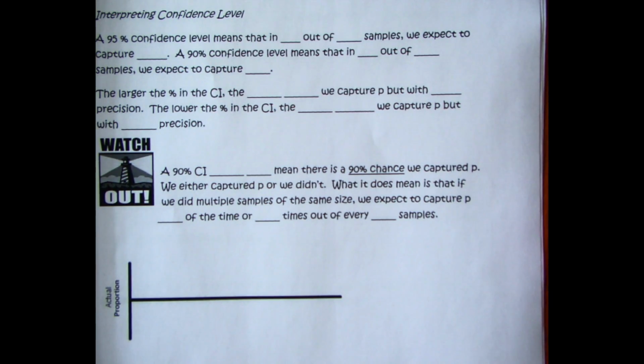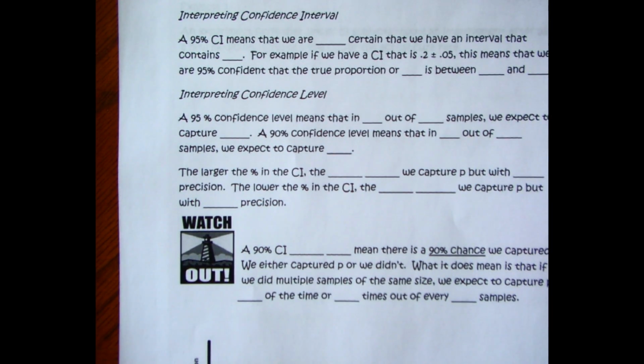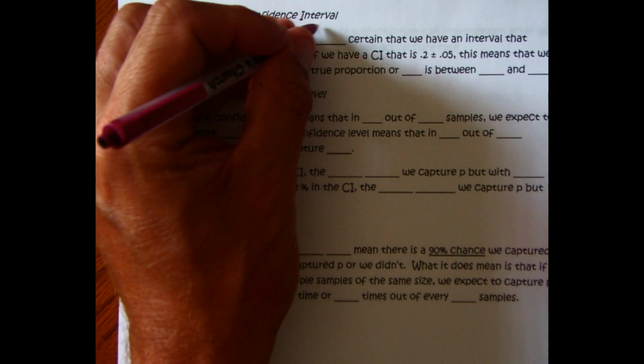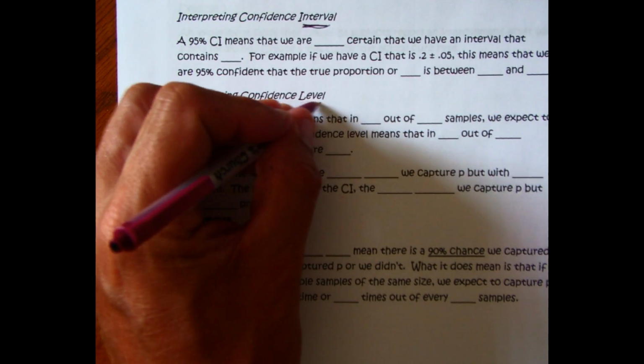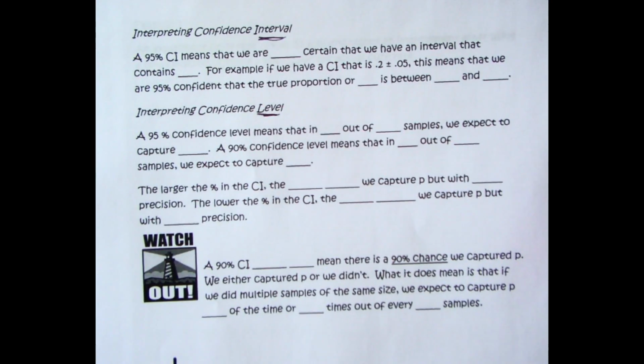Alright, so let's go into the interpretations here. I'm going to start with what we just talked about. There are two interpretations: interpreting the interval itself, and interpreting the level. Since we just did the applet, let's talk about the level.